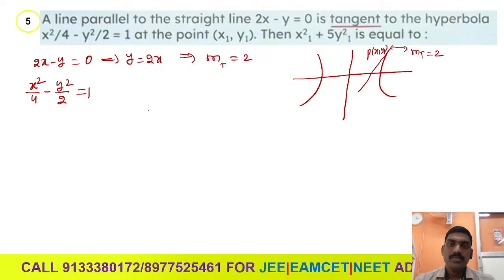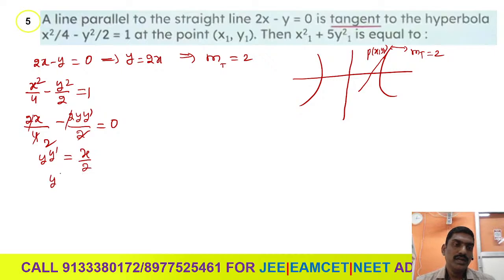Then if we try to calculate the slope, differentiating x square over 4 gives 2x divided by 4, minus 2y y dash divided by 2, is equal to 0. The 2s cancel, so y dash is equal to x over 2y.